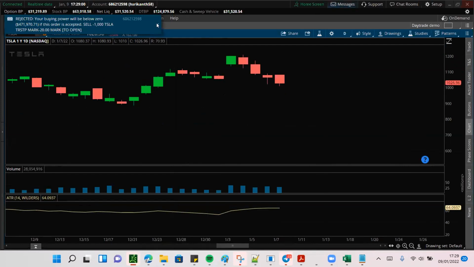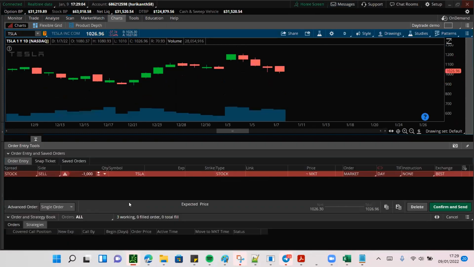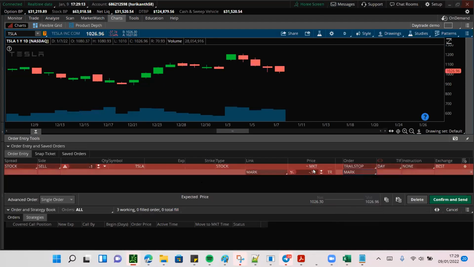Maybe I'll just do one. I can short it also. So let's say one stop, and I'll select the trail stop, and here I'll change it to percentage. So let's do minus, and I'm okay to lose 4% right here.